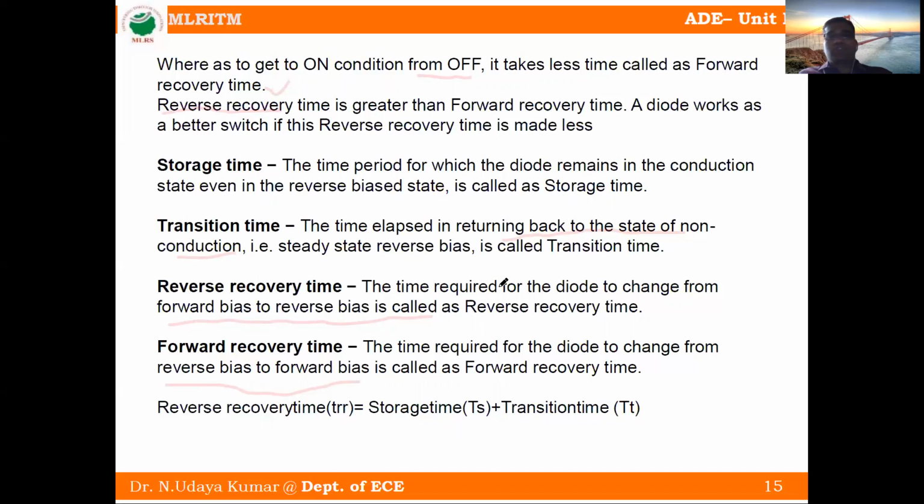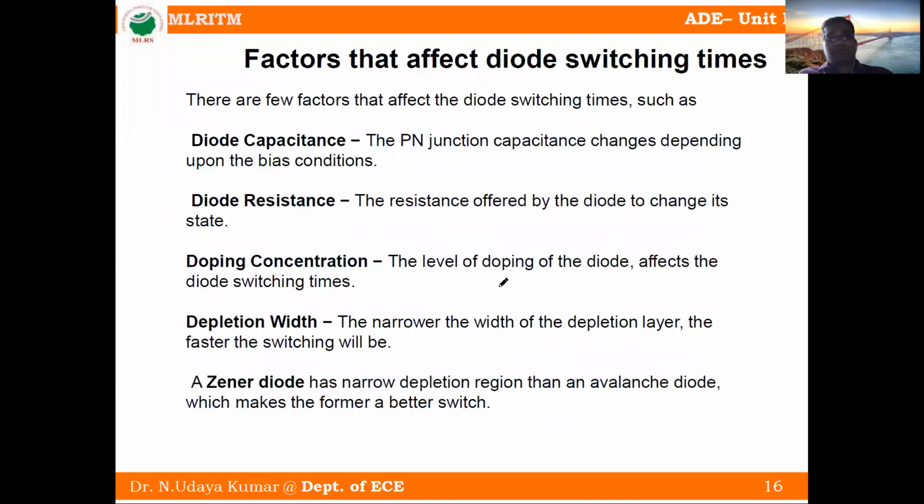These diode switching times may depend on other parameters also. So, factors that affect diode switching time. There are a few factors that affect the diode switching time, such as diode capacitance. The PN junction diode capacitance changes depending upon the bias condition.